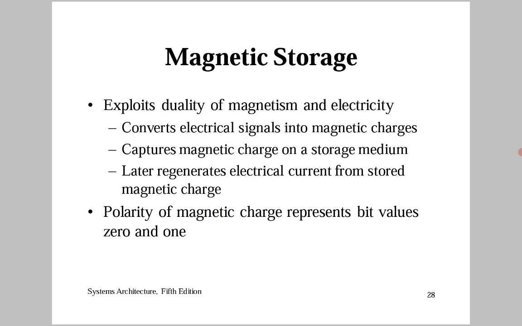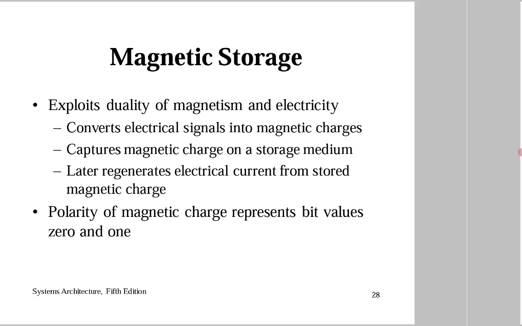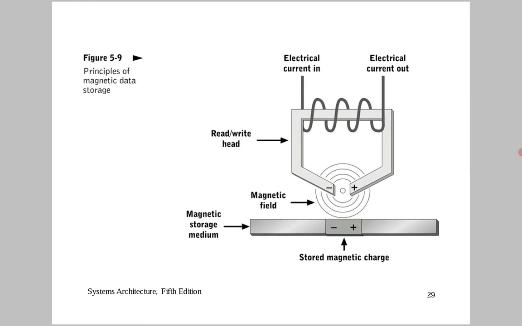They convert electrical signals into magnetic charges, capture the magnetic charge on a storage medium, and later regenerate electrical current from the stored magnetic charge, using the polarity of magnetic charges. This is the principle of how magnetic data storage devices work.